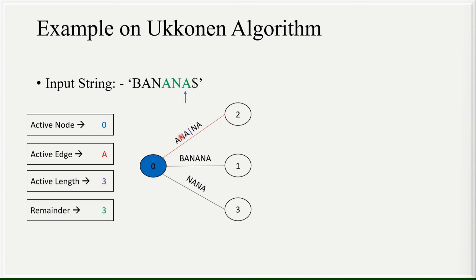If you see that A and A are getting added, whatever new characters are coming, according to the first rule, we are only adding them, and according to the third rule, we don't have to do anything. This is very important. But at the same time, we are also incrementing the length and the remainder.